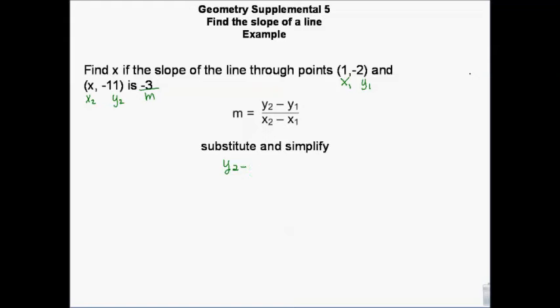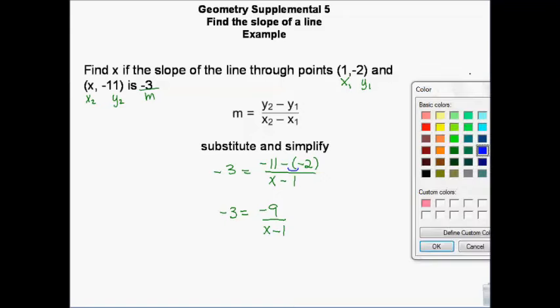So I'm going to substitute in what I know. I have -3 equals y2, which is -11, minus y1, which is -2, over x2, which is x, minus x1, which is 1. -11 plus 2 is -9 over x minus 1.